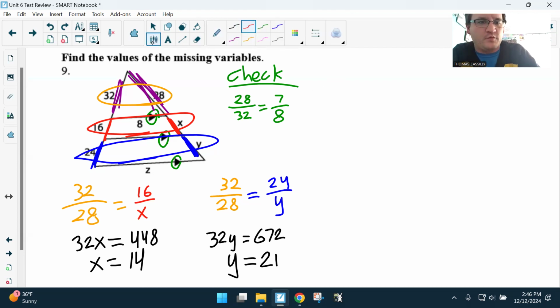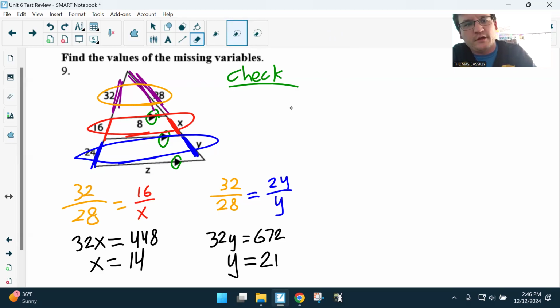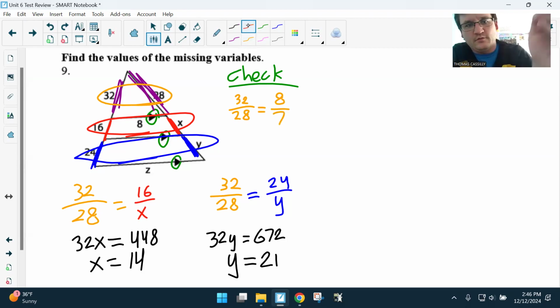All right, so on this one, I went 28 on top, 32 on bottom, whereas on the other ones, all right, so here, let me redo that just so I'm consistent with everything else. I'm going to go 32 on top, 28 on bottom, and that is 8/7. If I do the other one, I'm going to have 16 over 14, and I reduce that, I get 8/7.